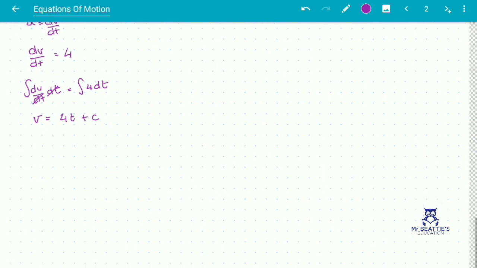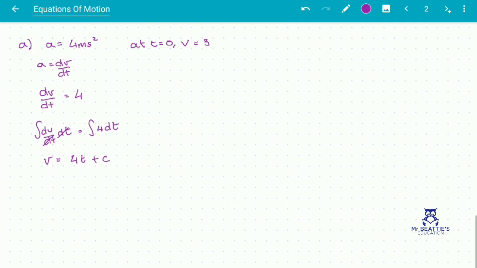Our initial conditions, we're going to substitute them in. So at t equals 0, v equals 3. So 3 equals 4 times 0 plus c. So c is equal to 3. Therefore, v is equal to 4t plus 3 as required.